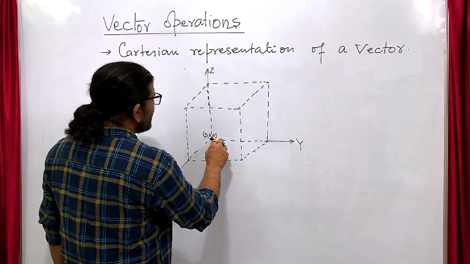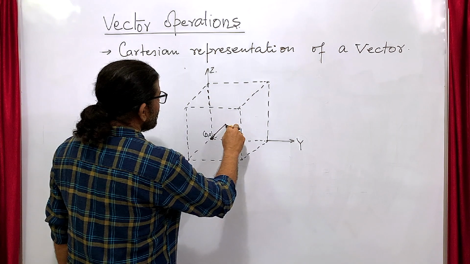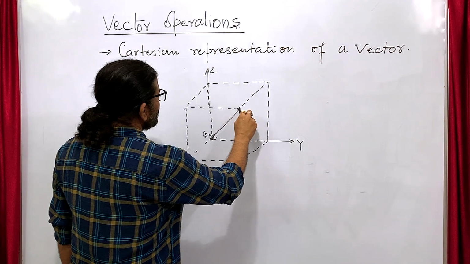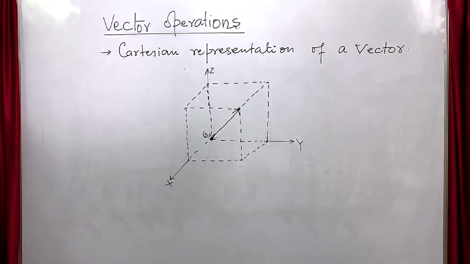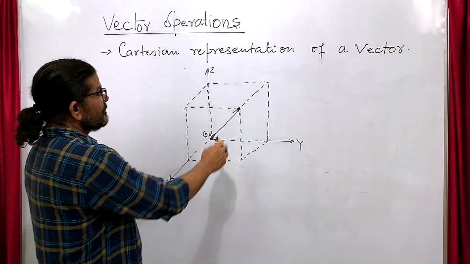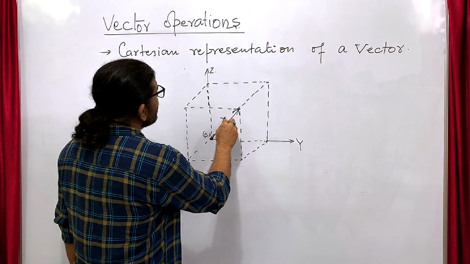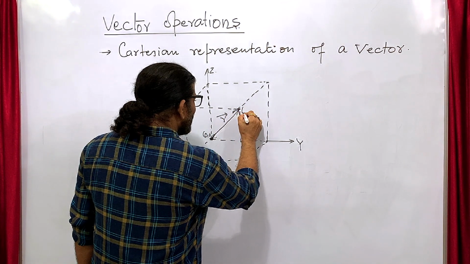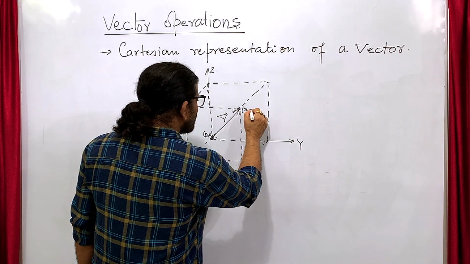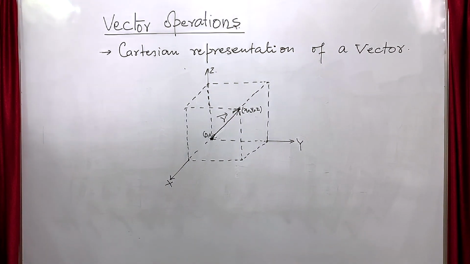Suppose here we are taking a vector, this one, as vector r, and the coordinate of this point is x comma y comma z.